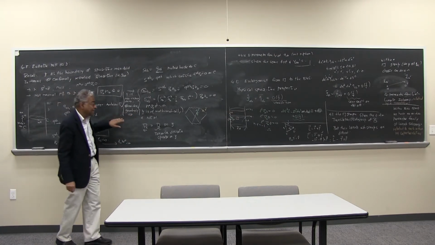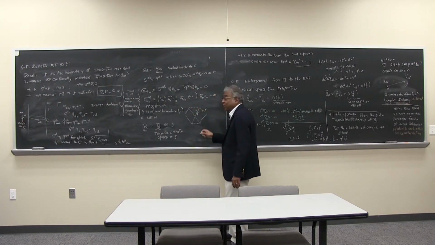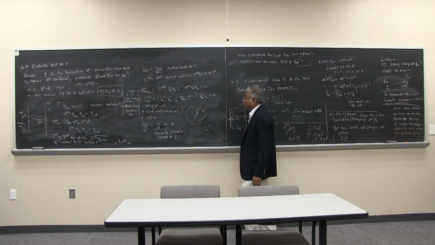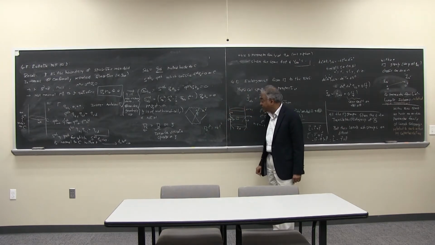You can quickly check it's also a weakly isolated horizon, because the weakly isolated horizon was defined as follows. You take D_A L^B, and just because it was a non-expanding horizon, we saw that this was of the type omega_A L^B, and omega was called the rotation one form.